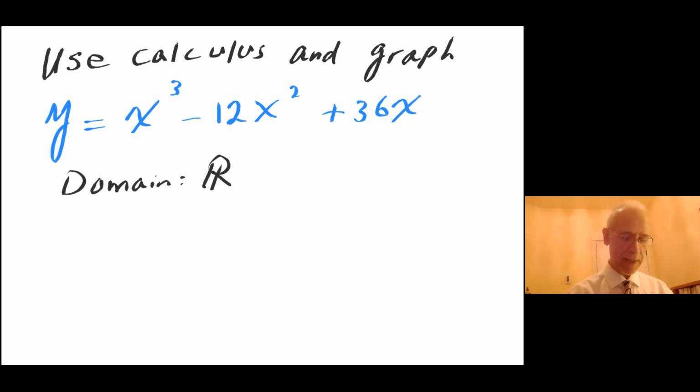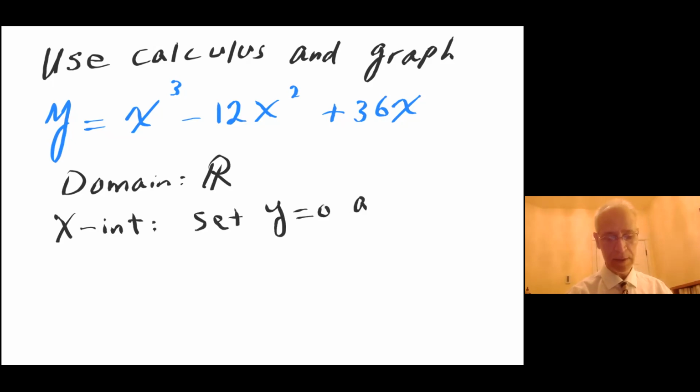Okay, to find the x-intercepts, we set y equals 0 and solve. And if there are any x-intercepts, and in this case there must be at least one because the degree is odd. So we have at least one x-intercept.